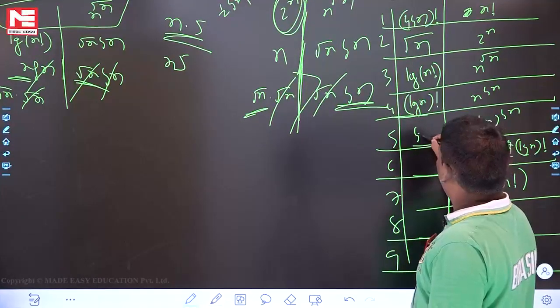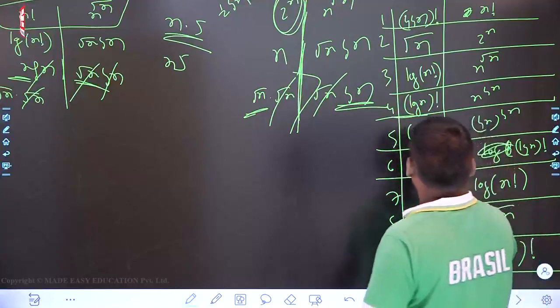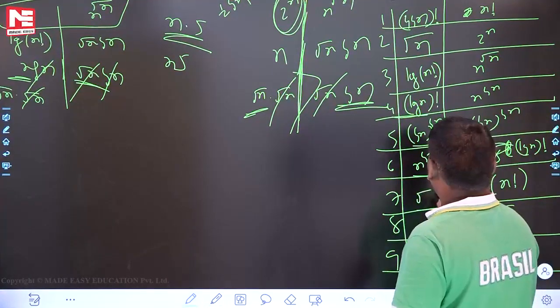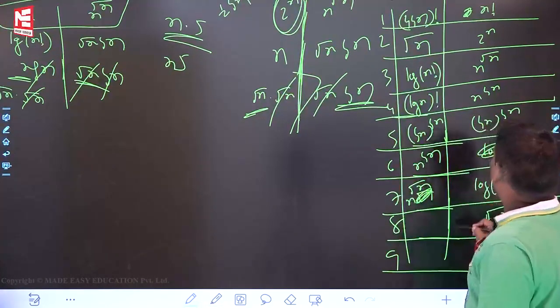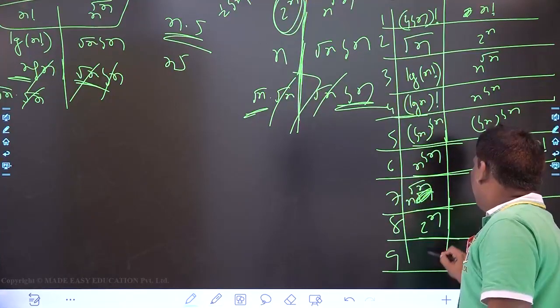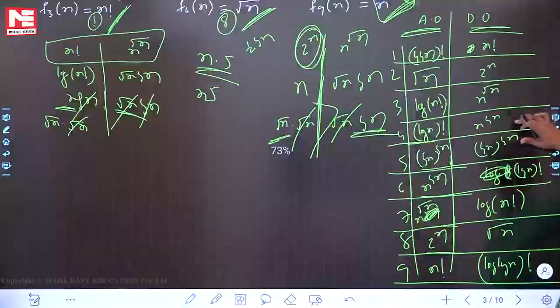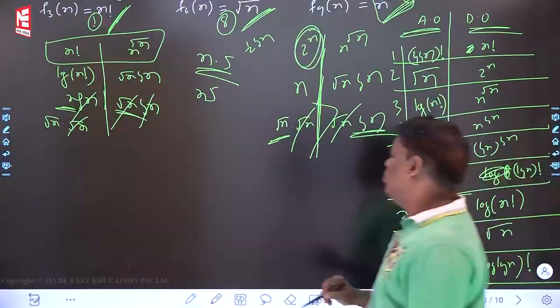Fifth one, (log n) power log n. Sixth one, n power log n. Seventh one, n root n. Eighth one, 2 power n. Ninth one, n factorial. Please be careful. It is the ascending order, it is the descending order. If you know one order, you will get the other one.